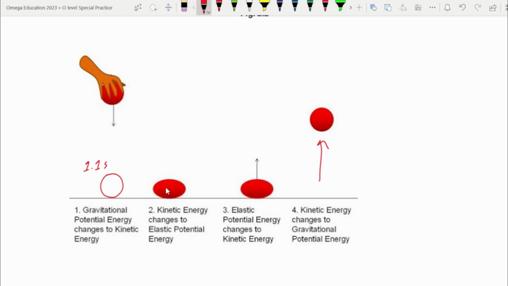We have plenty of slow motion videos on YouTube where you could see that it takes a lot of time for the ball to compress. As it hits the ground, it compresses, it gets shorter, it gets narrower, and then it extends or stretches just like a spring, and then it lifts up.